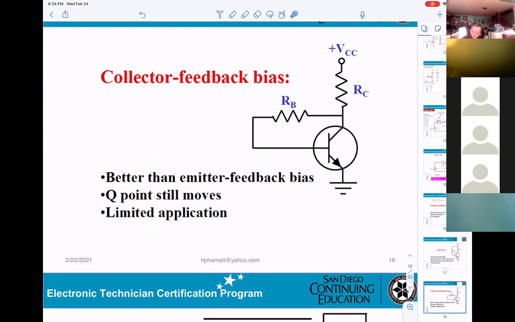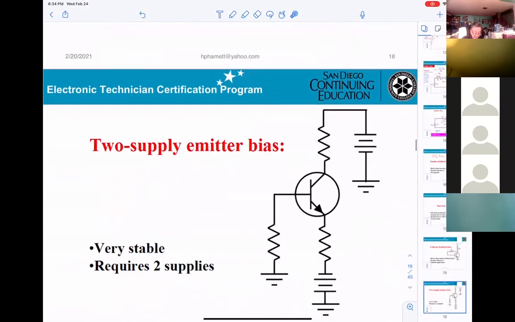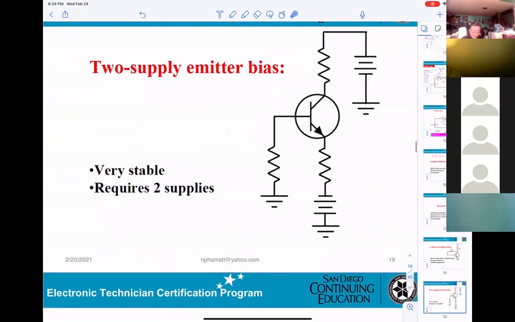Okay. Not good. Two power supply emitter bias. Now they're using one positive power supply and another negative power supply. They require two power supplies. They're very stable, but they're not being used. Why?